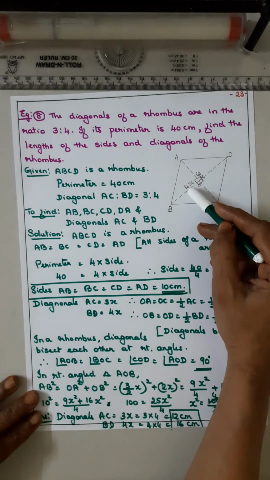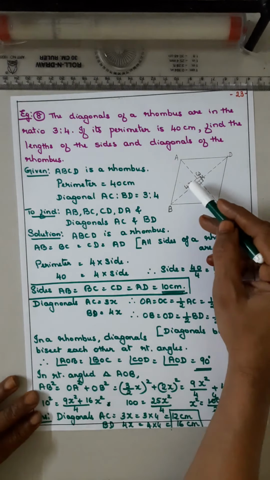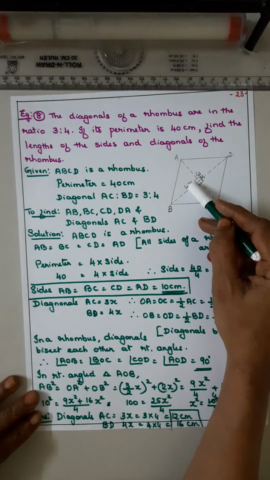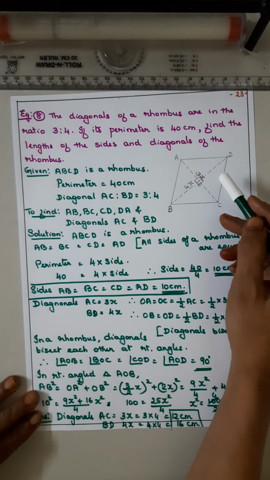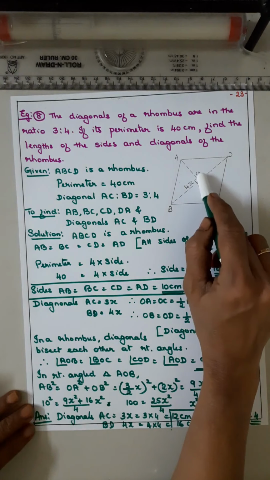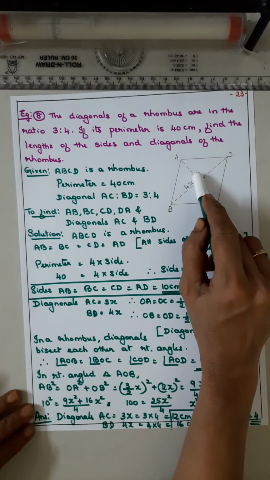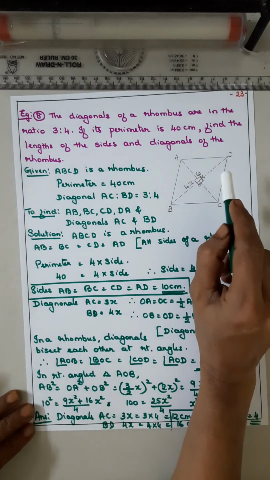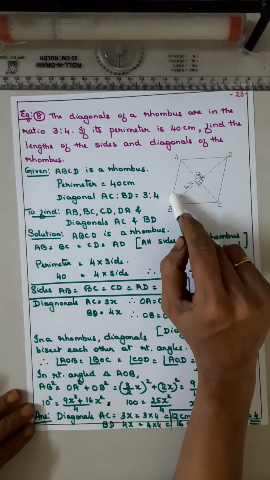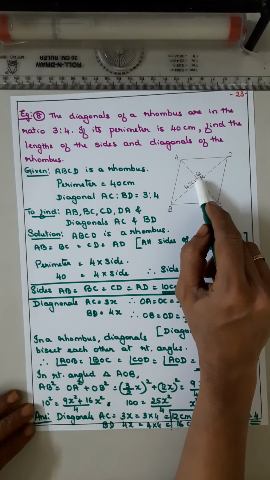BD is equal to 4x, therefore OB is equal to OD is equal to 4x by 2, that is 2x. Next step, again you say the diagonals bisect each other at right angles. So this angle became 90 degrees. Whenever there is a 90 degree, think about the Pythagoras theorem.